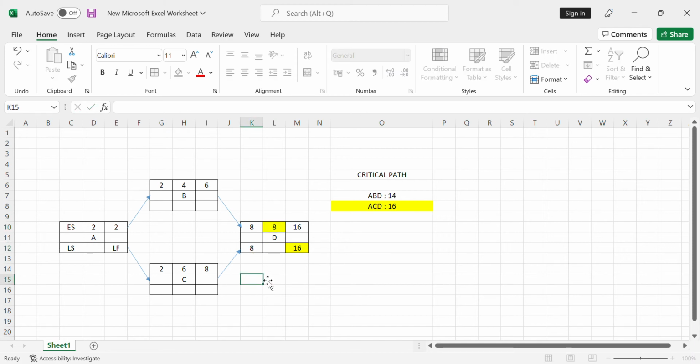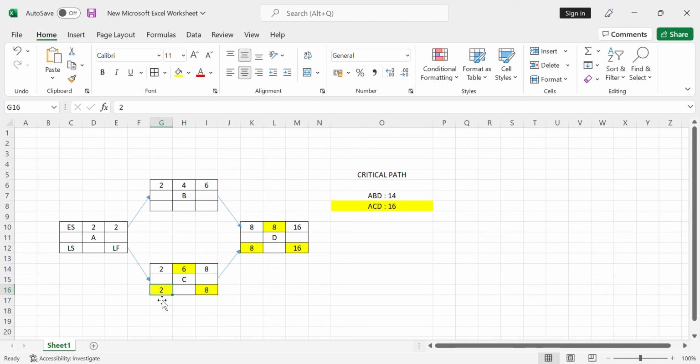Now put this value here. We'll write 8 here. Now 8 minus 6 equals 2.